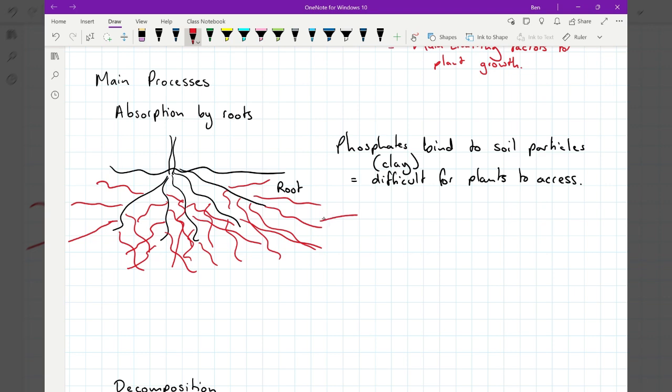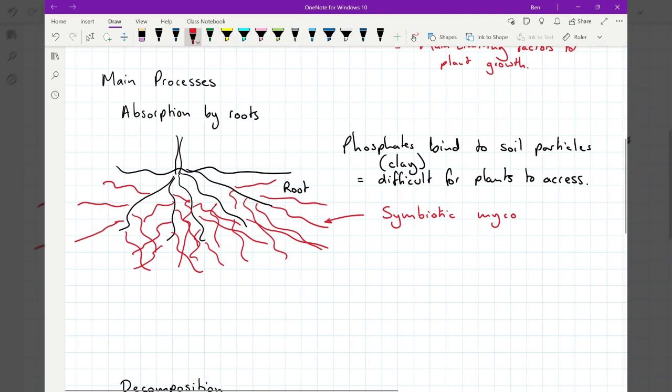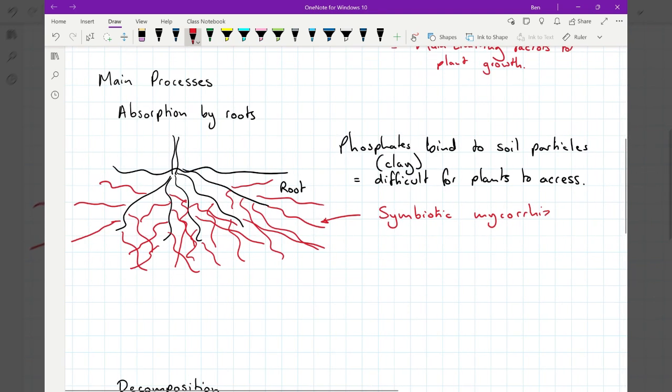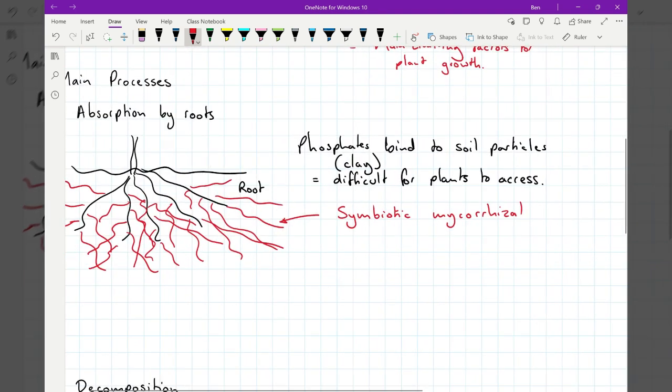So this is a symbiotic mycorrhizal fungi.